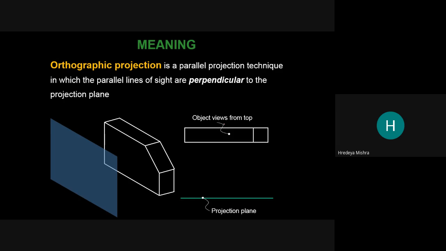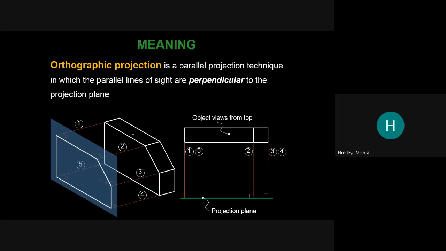So there is an object and there is a projected plane in 2D, and this is about the 3D. Perpendicular to the plane, perpendicular to the projection plane. Here 90 degrees, 90 degrees, 90 degrees.